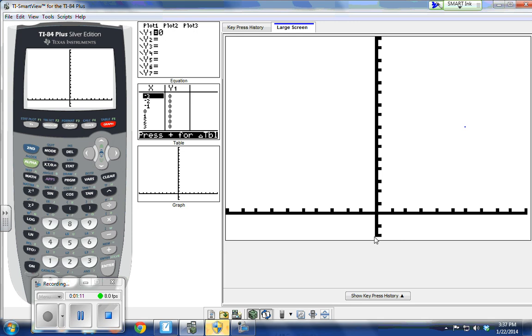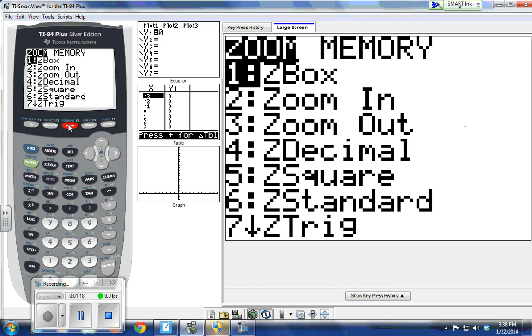Let's start with what we call the standard viewing window. We go to zoom, and then if we use the cursor to go down to standard, this is a standard viewing window.